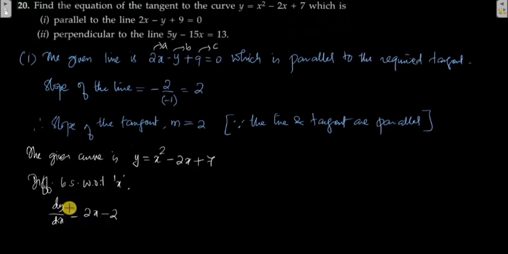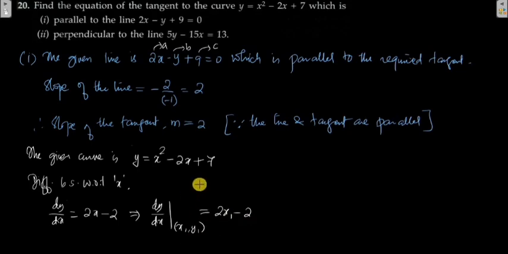In fact, I need to mention at which point. So this is your dy by dx. From here I'll calculate dy by dx at the point x1, y1, which equals 2x1 minus 2.